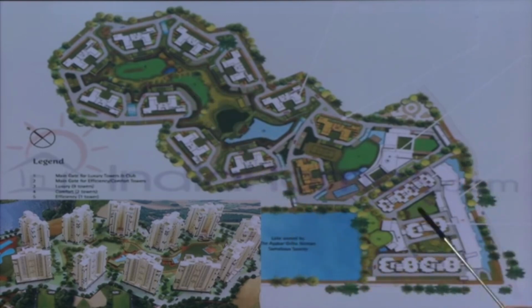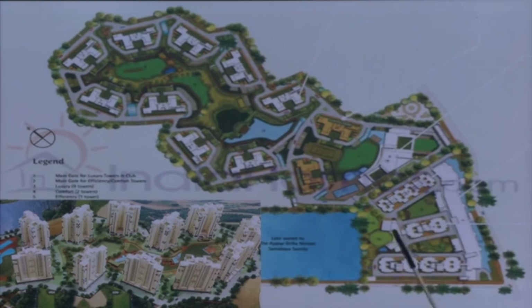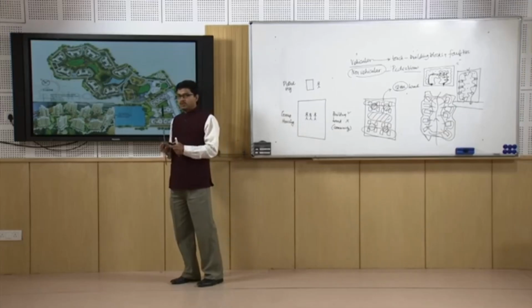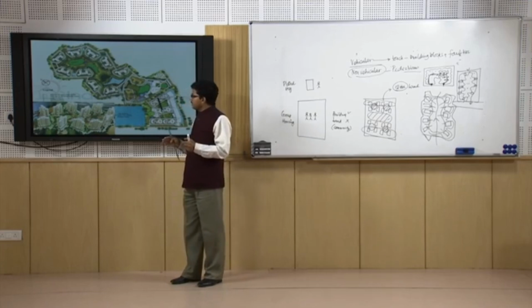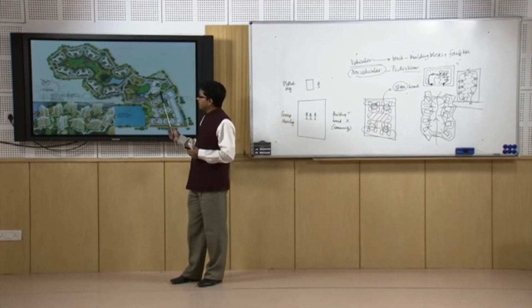These are the building blocks of middle income group, and these are the building blocks for the higher income group. So, also from this example you can understand how the vehicular and the pedestrian movement can be separated out, even though the plot is very irregular, long, and of a very uncertain profile.